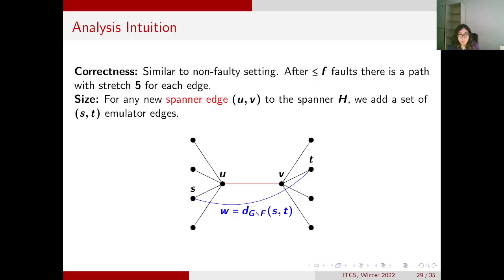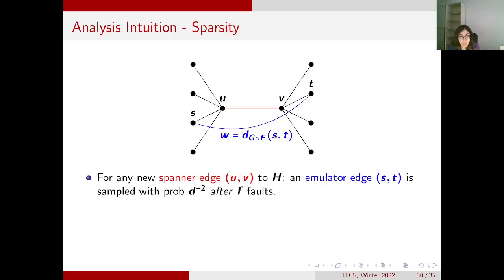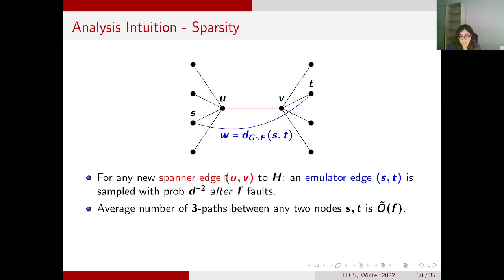The size analysis is more complicated, and the idea is that, remember, we are adding these emulator edges based on the sampling probability, and the way this sampling works is that we can ensure that for any pair of nodes S and T, there's roughly F3 paths that we are sampling from, and we can use this process to charge the emulator edges added to the spanner edges added.